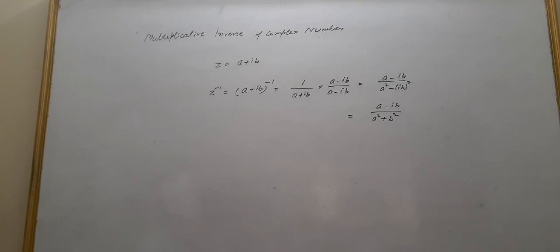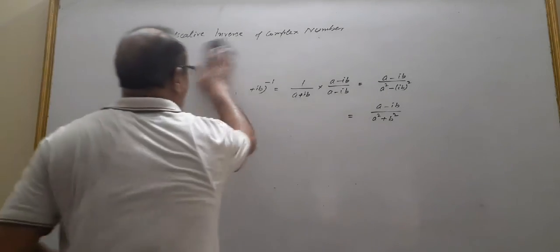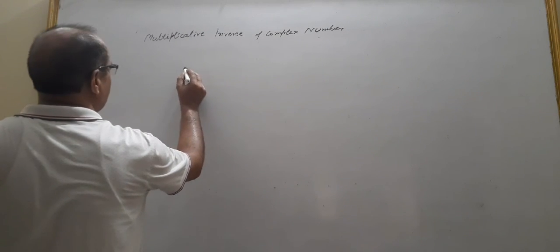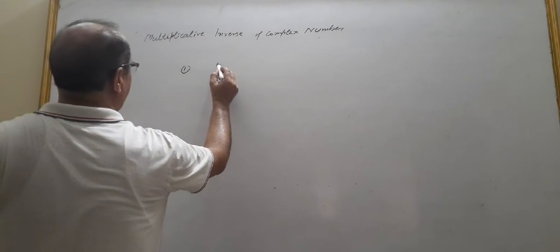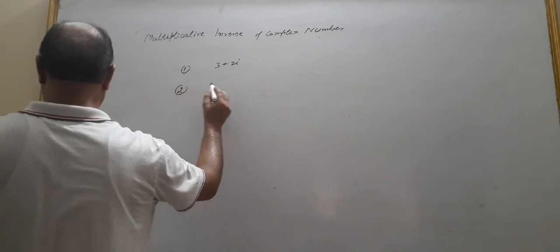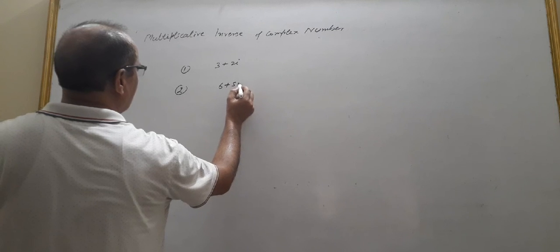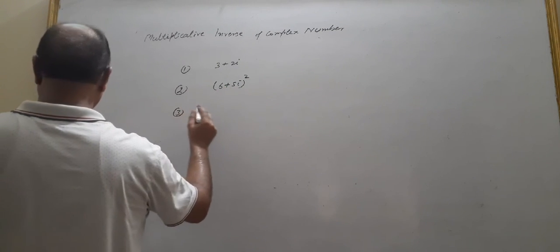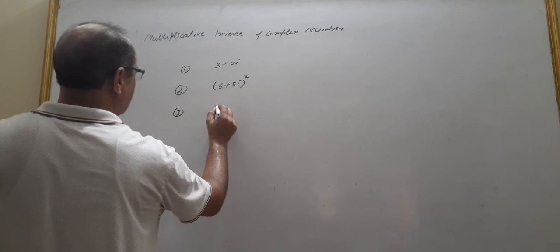Now I am writing some problems on how to find the multiplicative inverse of complex numbers. For example, the first question is: write the multiplicative inverse of the complex numbers, number 1, number 2, 5 iota square, and number 3, that is 4 minus 5 iota. I am writing these 3 questions.